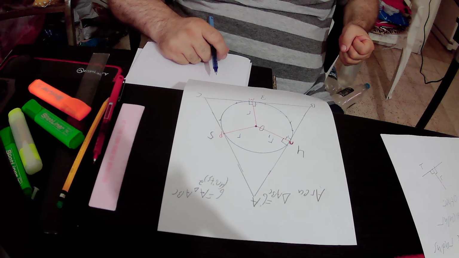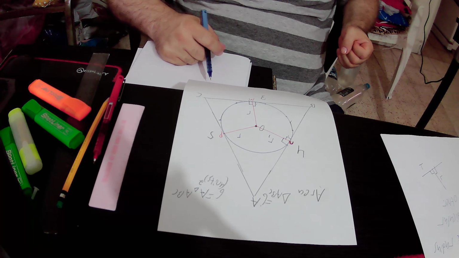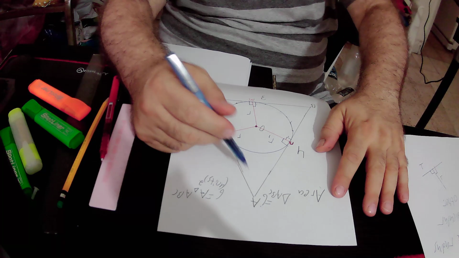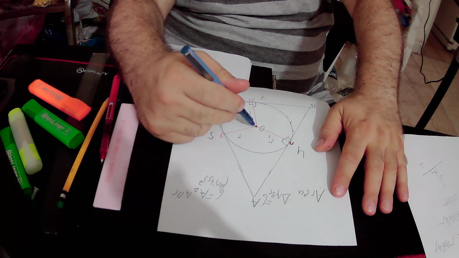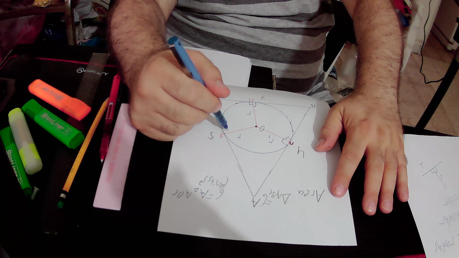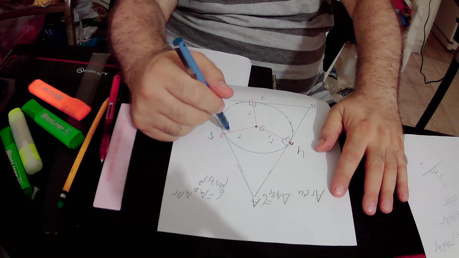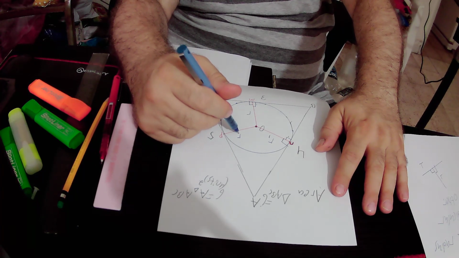And in the same way, we can say that side AC of the triangle is tangent to the radius. OP is the radius of this circle, and side AC is tangent to this radius.